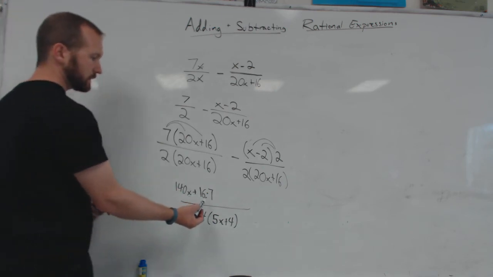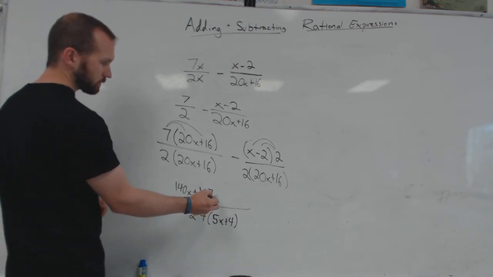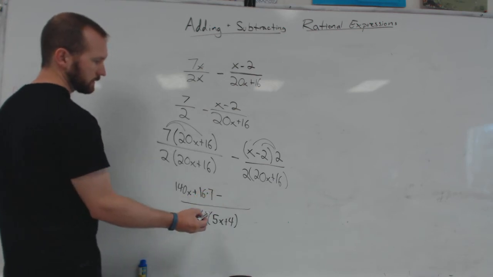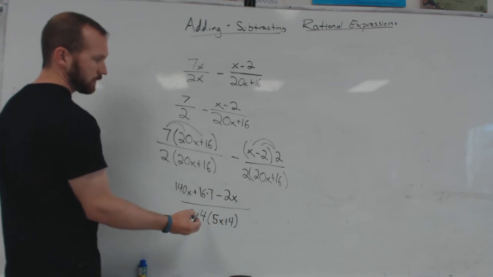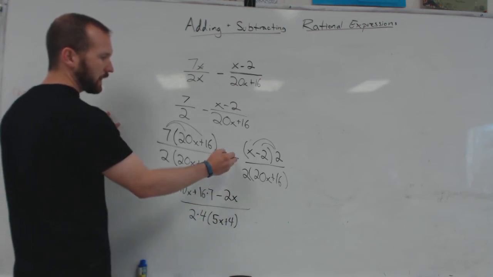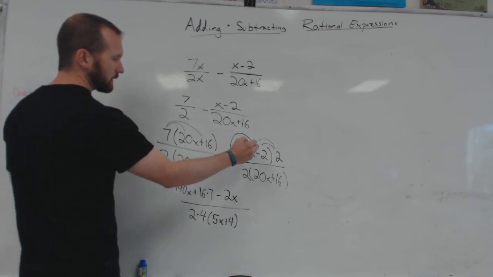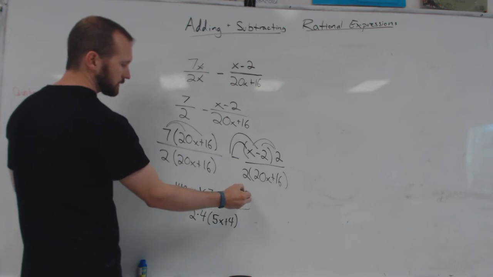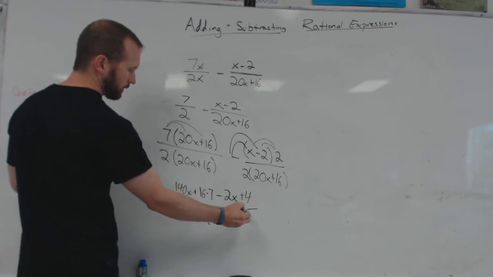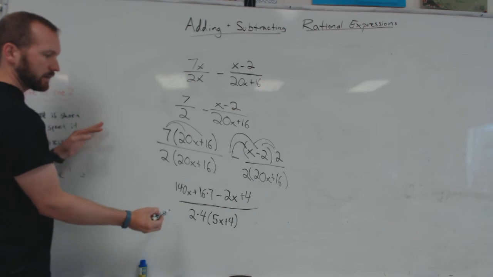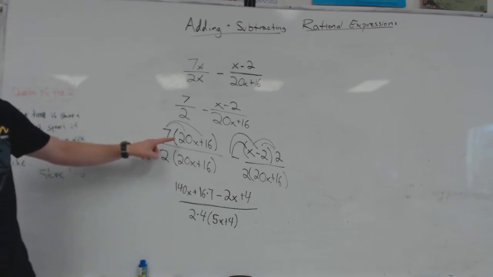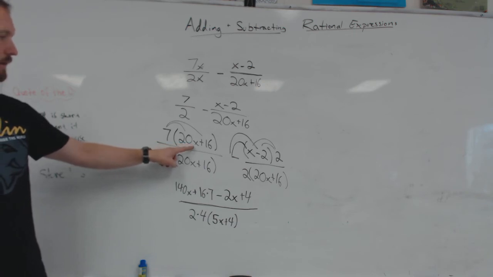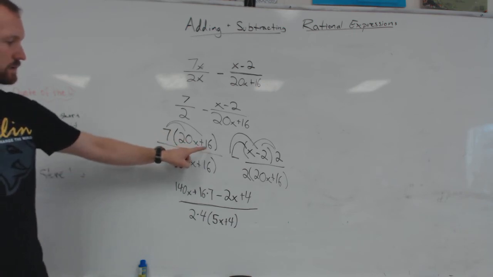So plus 16 times 7 minus, and we have 2x, and then remember the minus applies to this and to this, plus 4. So I just did kind of a lot of things in one step, so I'm just going to check that I did everything right. Here I had 7 times 20, which is 140x, and 7 times 16.